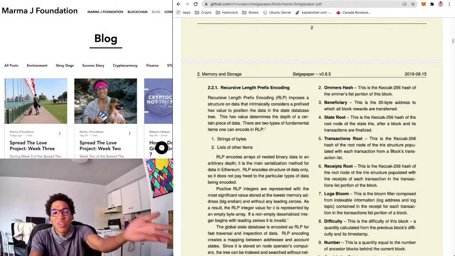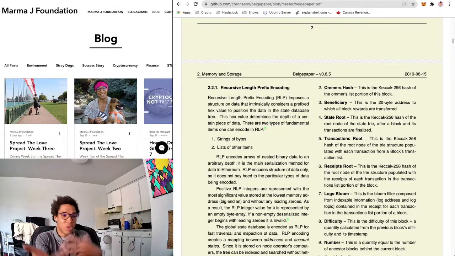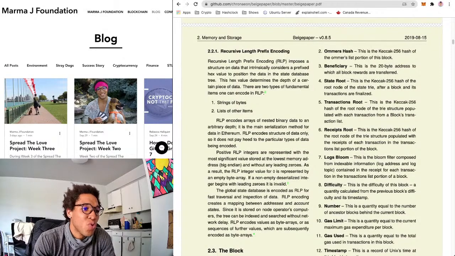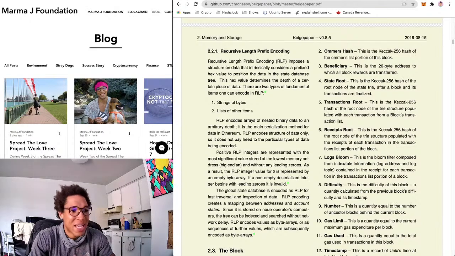I don't know how they do it in Ethereum, but I guess if your transaction wasn't included, you get back a zero, and if it was, you get back a 1 or something like that. But anyways, you have the logs bloom, which is the bloom filter composed from indexable information, log address, and log topic contained in the receipt for each transaction in the transactions list portion of a block.